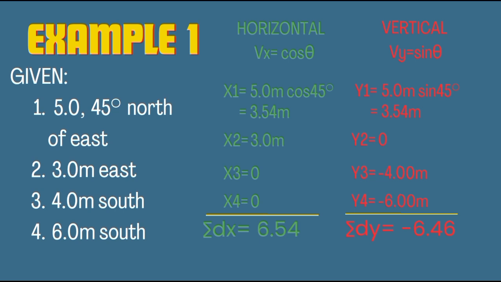So the y2 will be 0. The same as the x3 and x4. So for the y3, negative 4.0 because it is located to the south, the same as for the y4, so negative 6.0 meters. The sum of x1 to x4 is equal to 6.54, and for ΣVy, the sum of the V sin, it is equal to negative 6.46.